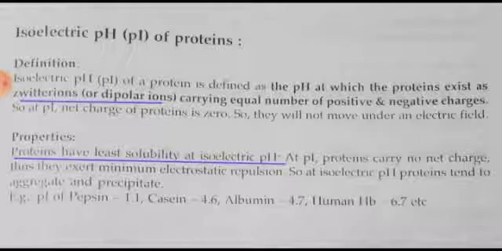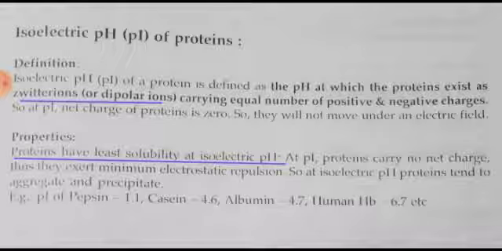When they are subjected to a certain pH, they can get equal positive and negative charge. That pH which makes the protein get equal positive and negative charge is called the isoelectric pH of that protein. At that pH, the proteins are less soluble and hence get aggregated and precipitated. This is the meaning of isoelectric pH.